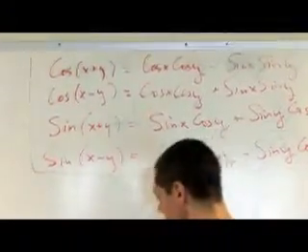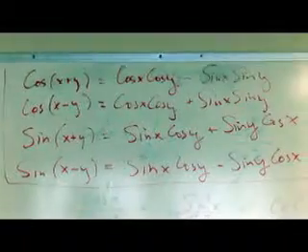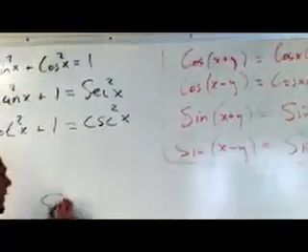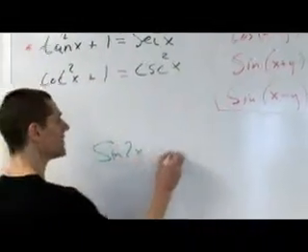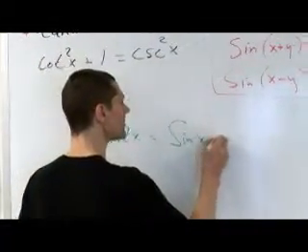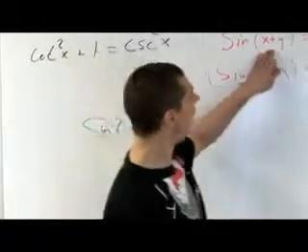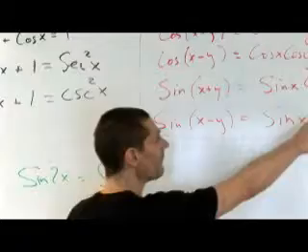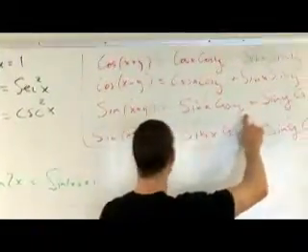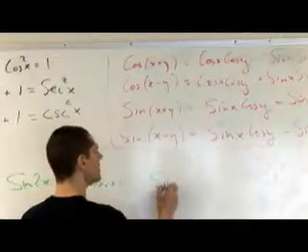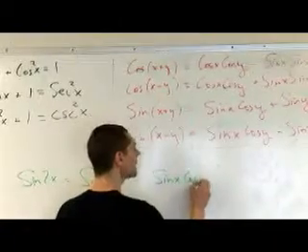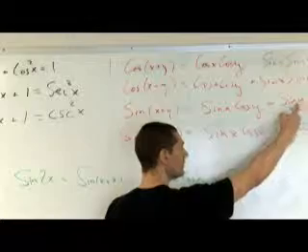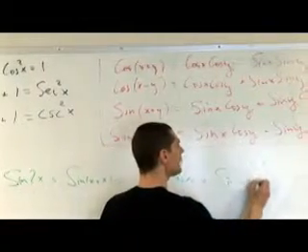One of the obvious consequences of these, and we did this last time, but these are important. Sine 2x is the same as sine x plus x. So we're going to use this formula, only the y is just going to be an x. So everywhere there's a y, there's an x, so this is going to be equal to sine x times cosine x, plus sine x and cosine x.